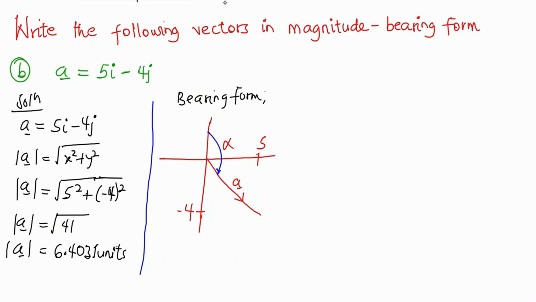Then we can join this part of the vector to form a right-angled triangle, with a 90 degrees angle formed here. We are going to use the trig ratio tan to get the value of theta, which will help us get the value of the bearing alpha.